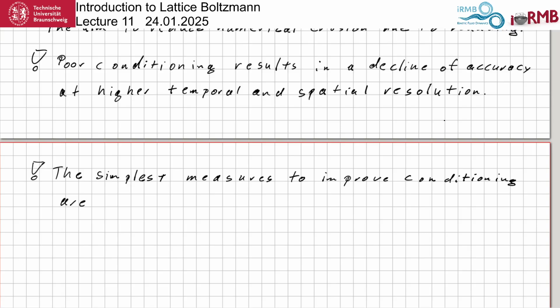First things first, I write this down here so that you always think first things first. You could almost just tell me what the problem is and how to solve it. Simplest measures to condition are also the most effective.